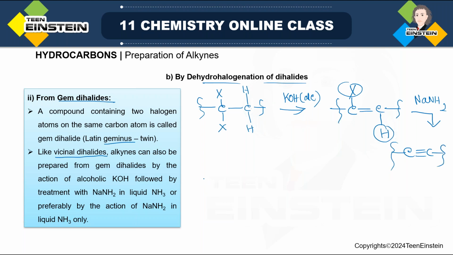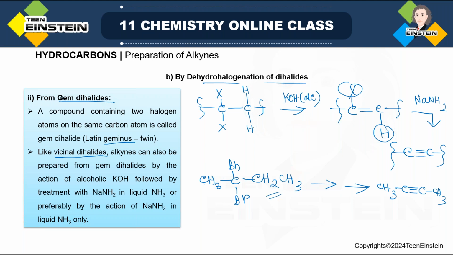For example, we can take CH3C, suppose we have Br here, then CH2CH3. Here I am jumping the steps. If you do these two steps, or you can also do the single step simply using NaNH2 without using KOH, what you will get is CH3C≡CCH3.